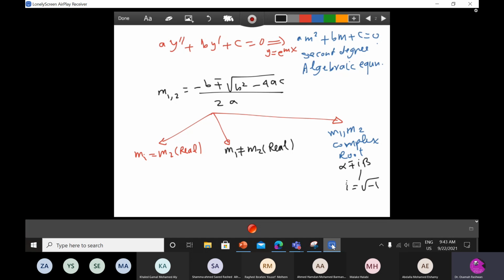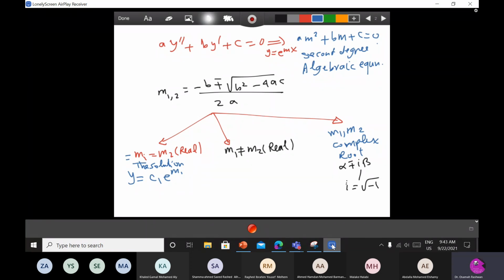Okay. If you have these two real roots equal, your solution will be y equal to C1 e to the m1 equal to m2, I call it equal to m, just not to write.